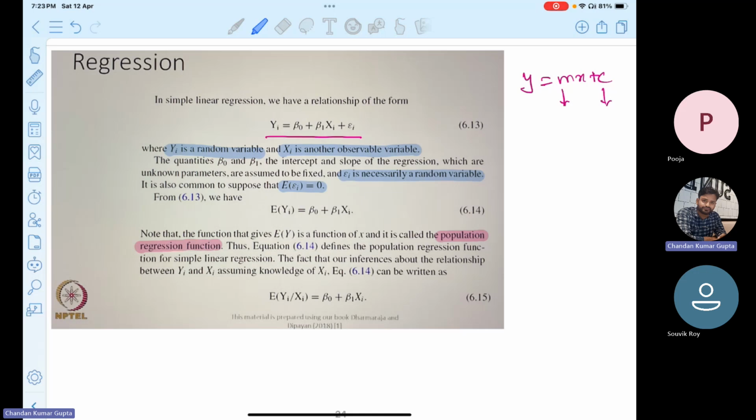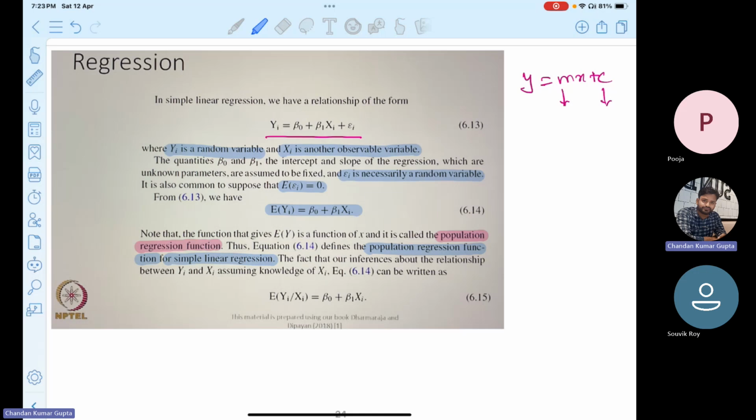Equation 6.14 is nothing but the population regression function for the simple linear regression. It is linear regression because there is only a linear association between the dependent variable and the independent variable. Our inference about the relationship between yi and xi assumes knowledge of xi, that means the xi's are independent.